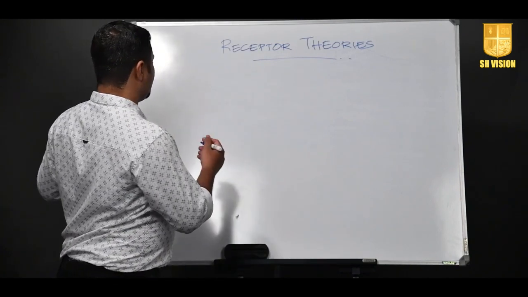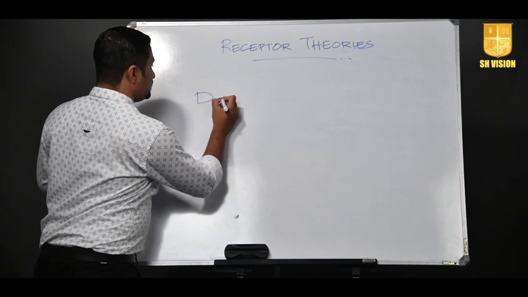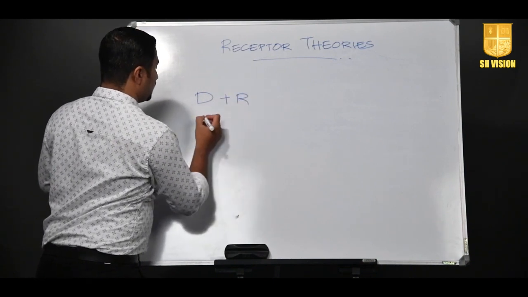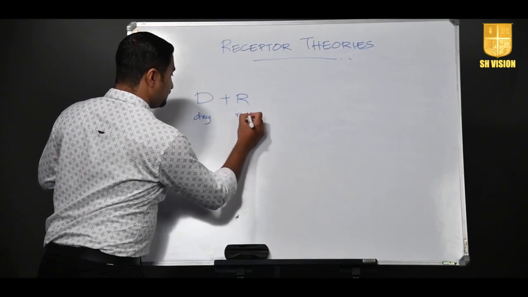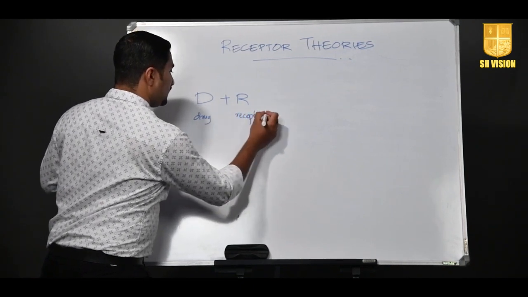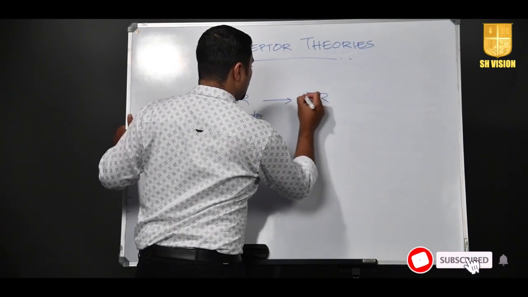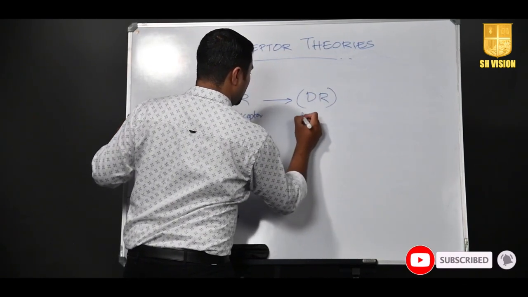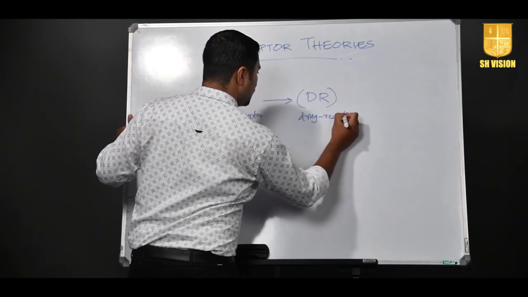The general mechanism for drug action is D plus R. D is drug, R is the receptor, and this will form DR, which is the drug receptor complex.